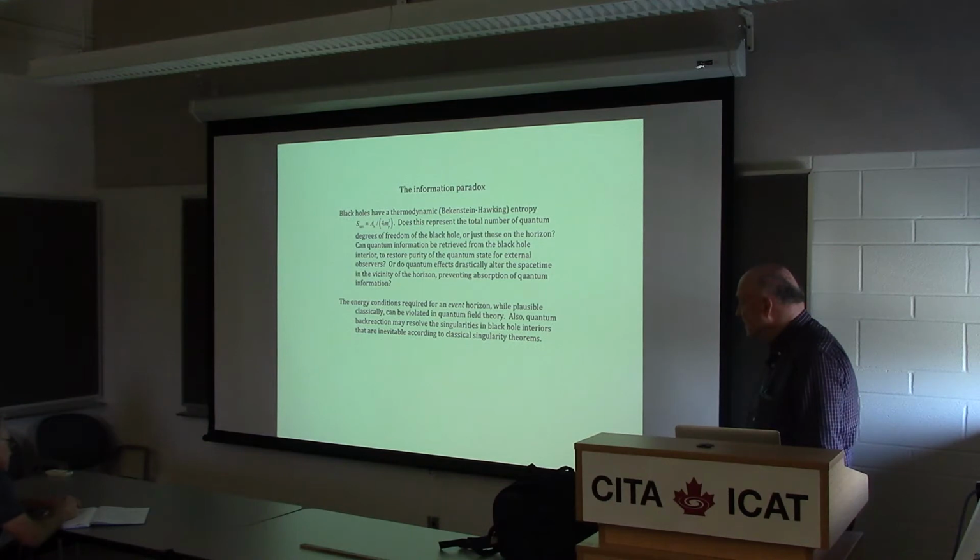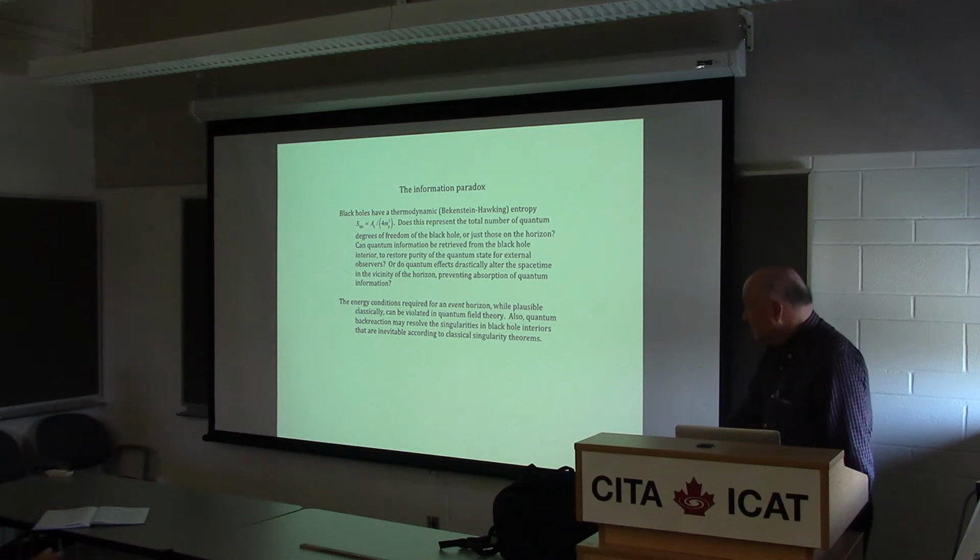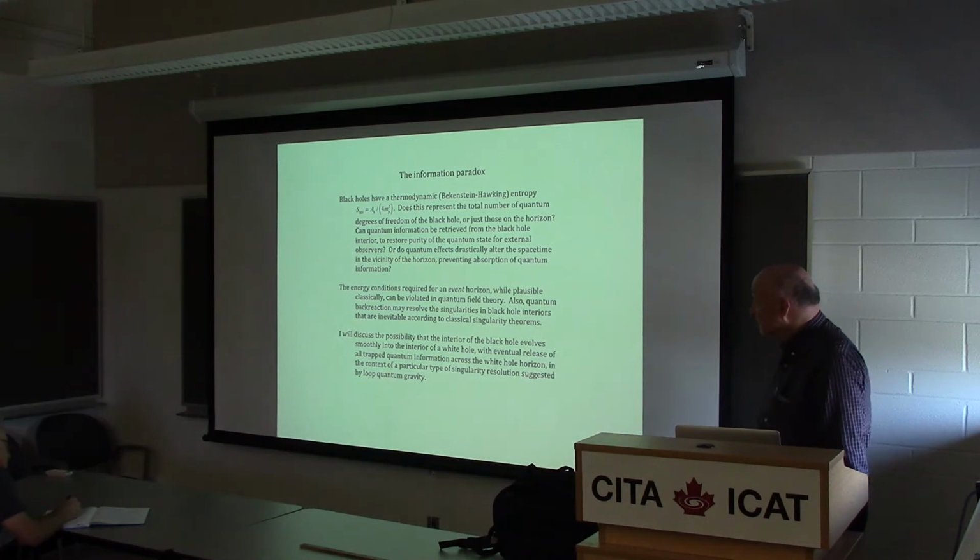So anyway, I see no reason to suppose that's the case. And the energy conditions required for an event horizon and a singularity can be violated under certain circumstances in quantum field theory. And so why shouldn't the evolution of the black hole be different for that reason?